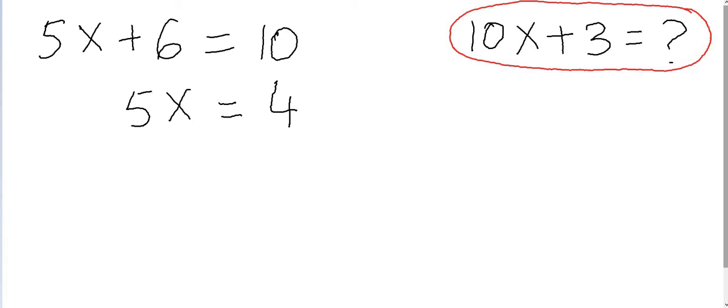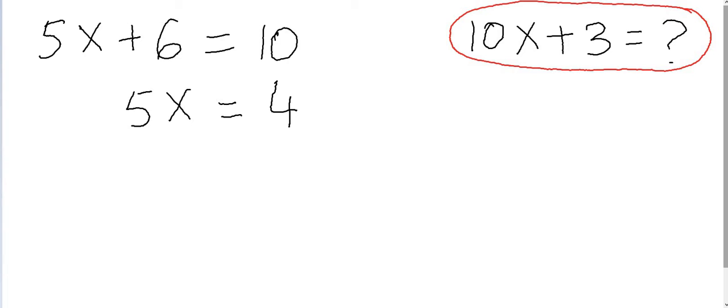Typically we would solve for x as x equals 4 divided by 5 and then plug it in for 10x plus 3, but that's some more steps. So what we can do is 5x equals 4.